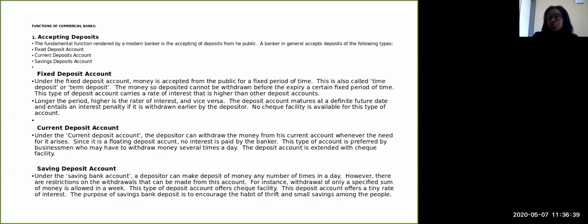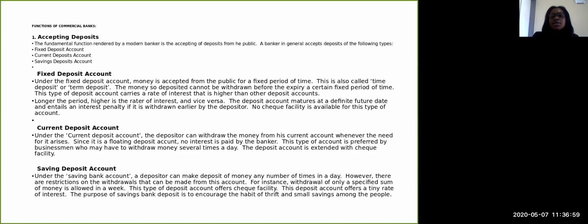But with a fixed deposit account, that is not possible.